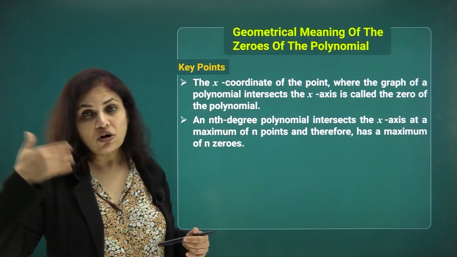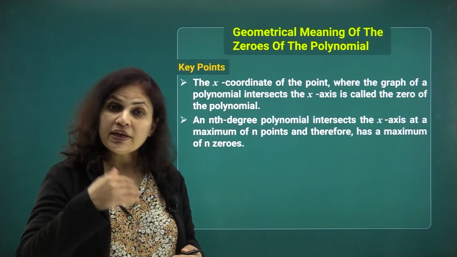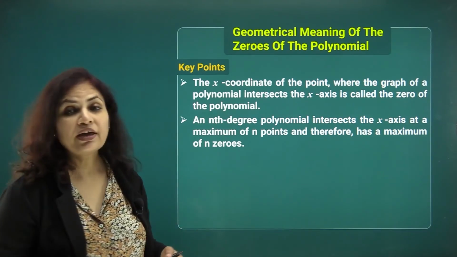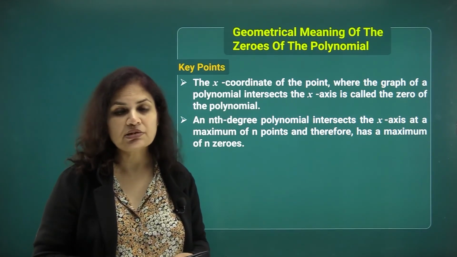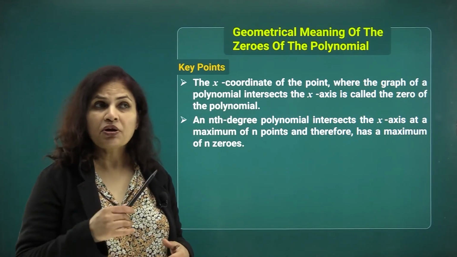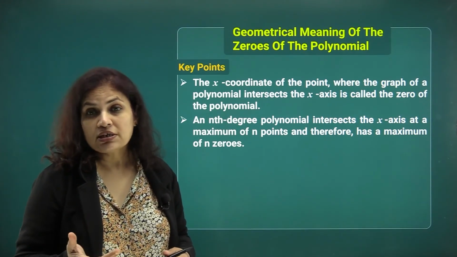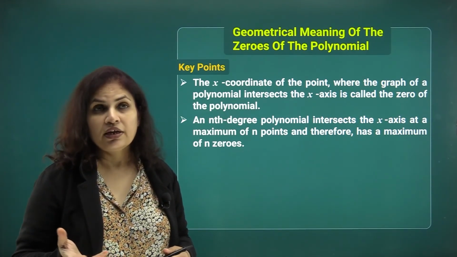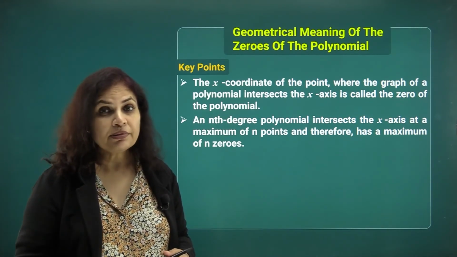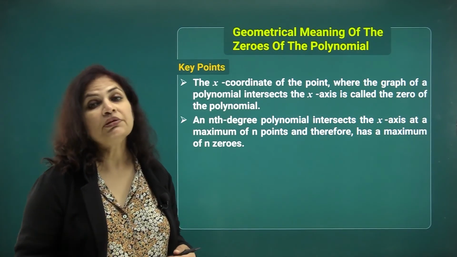So if I talk about the nth degree, the nth degree polynomial will intersect the graph at n different points, and it will have a maximum of n zeros. I will not say exactly n zeros, because a line may not intersect the x axis at all. It may be a line parallel to the x axis. So that can be a case. So the maximum number of zeros is determined by the degree.